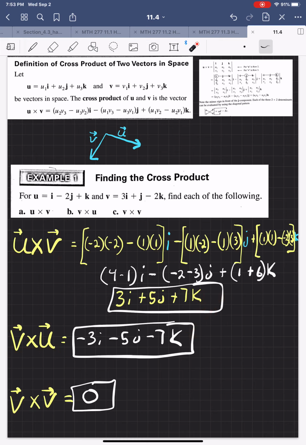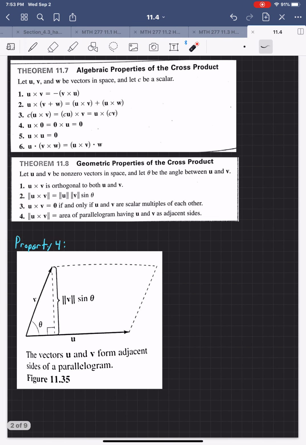Okay, so let's talk a little bit about some of the properties. I've already highlighted the algebraic properties. I'm not going to discuss them as much as I want to discuss the geometric properties. So you can go through the algebraic properties on your own time, but I've already pointed out some of the things that you see, that u cross v is equal to basically the opposite, right?